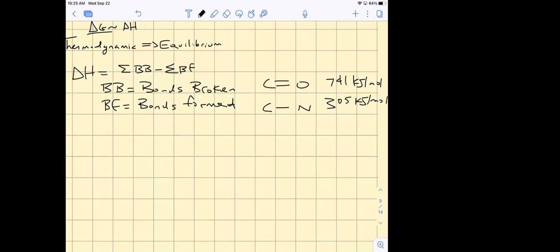Now we just need to subtract this out. So delta H is going to be 741 kilojoules per mole minus 305 kilojoules per mole. Right, what is that? 436? Is that right? Yes.